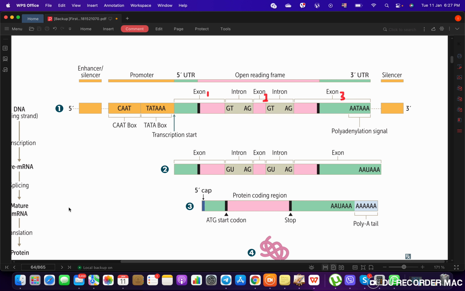If you have the sequence 1, 2, 3, you will get a brain. If you have the sequence 1, 3, you will get skin.